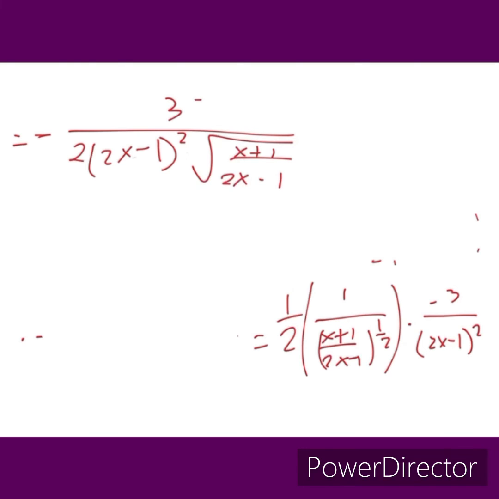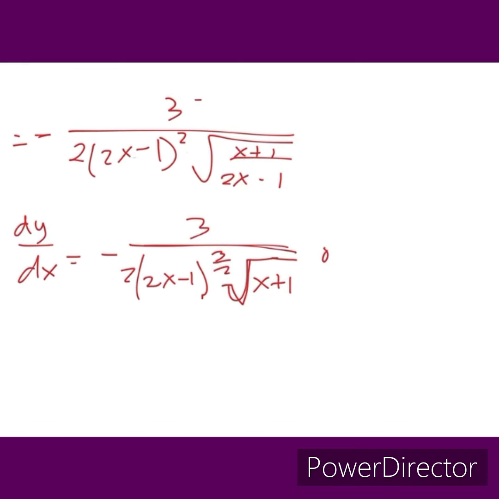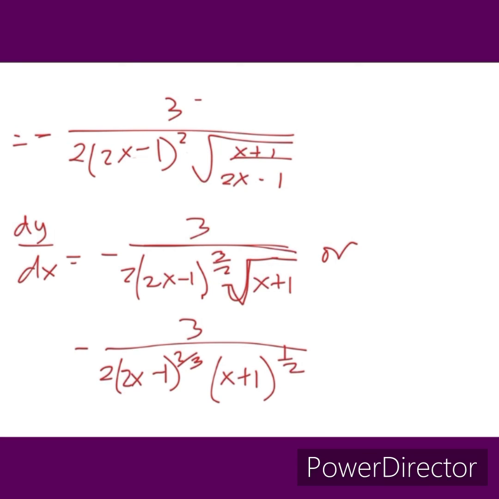So, the derivative of y with respect to x is equal to negative 3 all over 2 times 2x minus 1 raised to 3/2 square root of x plus 1, or negative 3 all over 2 times 2x minus 1 raised to 3/2 times x plus 1 raised to 1/2.